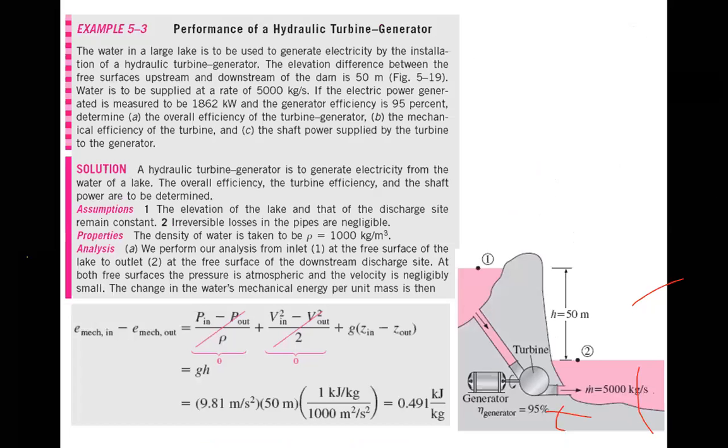Now this is one of the examples of how the turbine gives you energy. In the turbine case, you have water at a particular height, so it has potential energy. Below that you have a turbine. A turbine is practically a blade, on which you are dropping the water from a particular height.